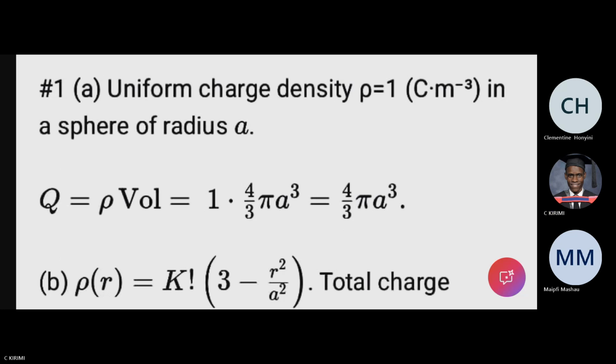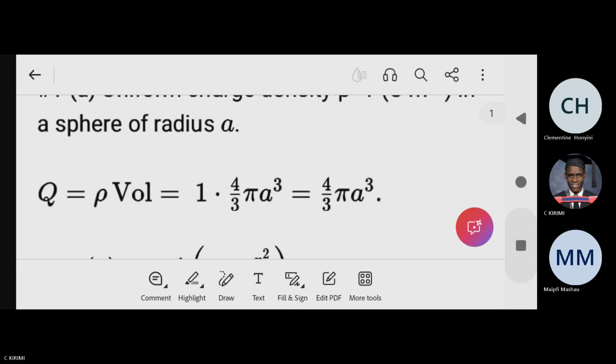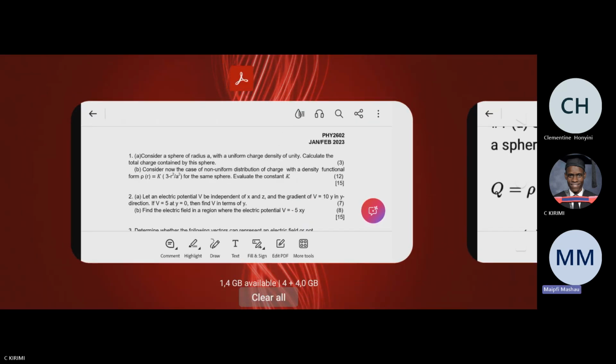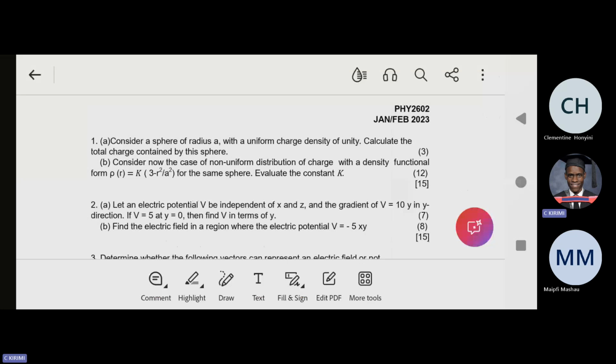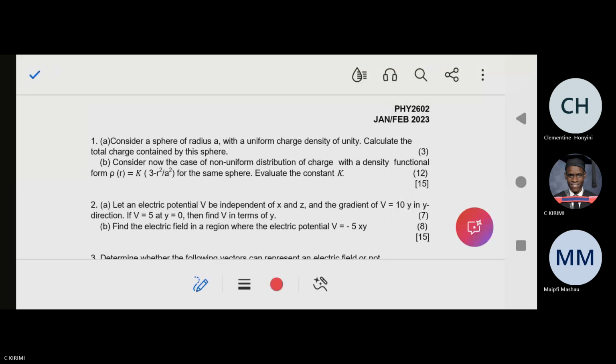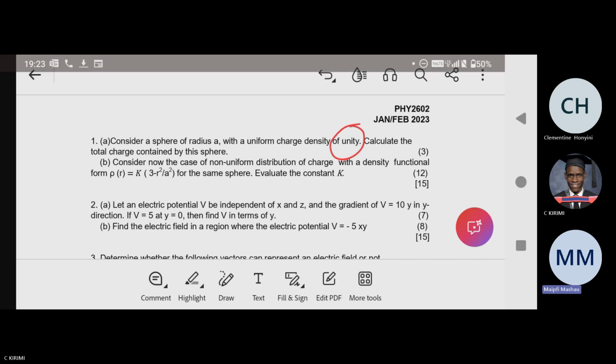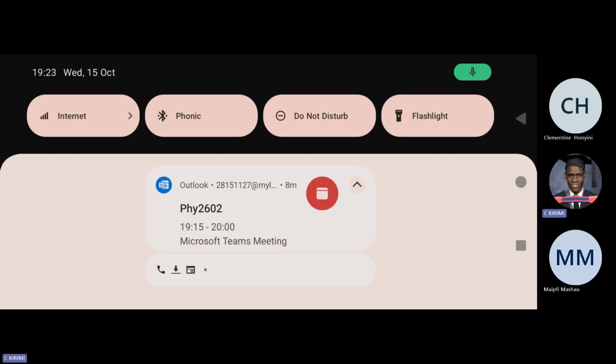Quiet now. I'm not sure, sir. I'm not sure why it's 1. What is the charge density of unity? If you are united, you are 1, isn't it?